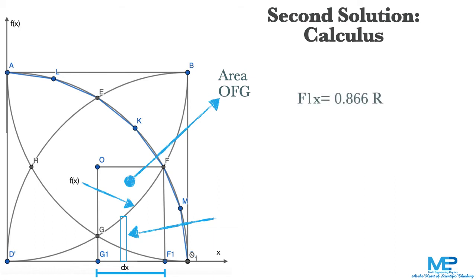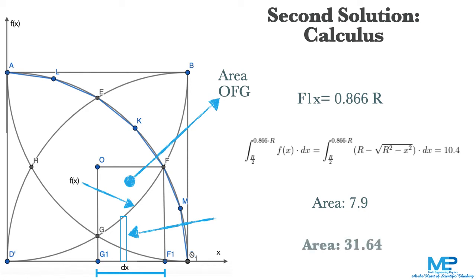The required value is near 87% of the square side. Thus, the area subtended by the GF arc will be given by the following integral, and the area identified by the points OFG will be 7.9. Multiplying this value by 4, we will get the target area, that is 31.64.